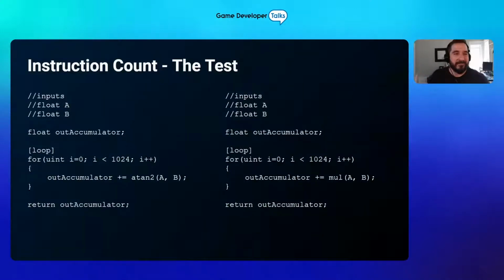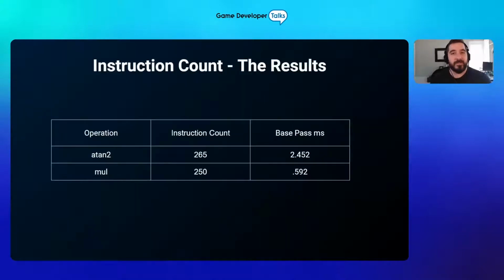So just to bring it back to the instruction count myth, we're going to do two different operations. We're going to do a multiply and an arctangent 2, and we'll loop that 1024 times per pixel with that loop modifier, and we'll check out the results. Once we crunch the numbers, we see that there's a mere 15 instruction difference between the two operations, arctan2 and multiply.